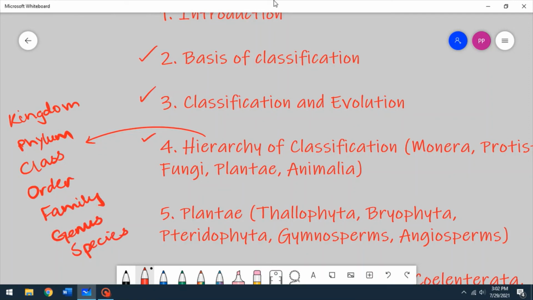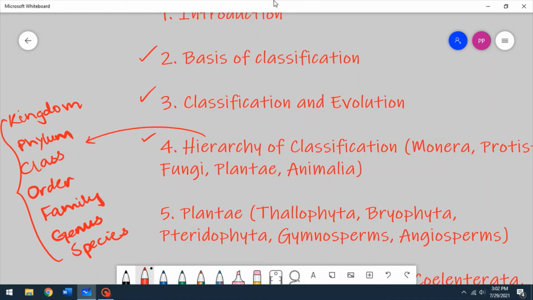I remember it. You are supposed to practice these 7 steps of classification until you are so familiar that you can just write it while you're talking, or while someone is talking to you. You should automatically be able to write it. Kingdom, phylum, class, order, family, genus, species.